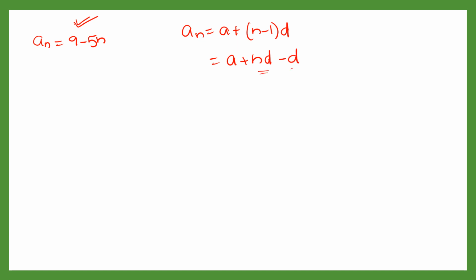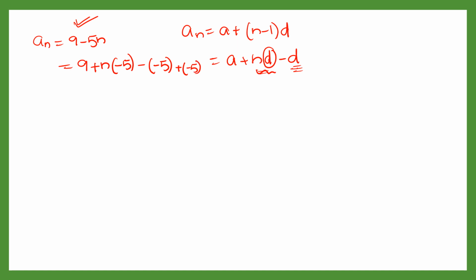So, we have plus nd minus d. So here we should write plus nd, that means plus n into minus 5. So it is in the form of nd. We need minus d. d means here what number you have? Same number. So minus 5. That means we are adding plus 5. Now subtract.